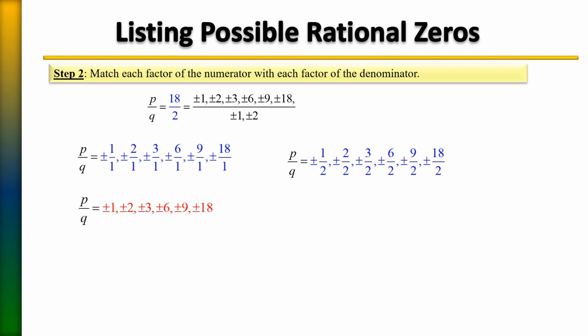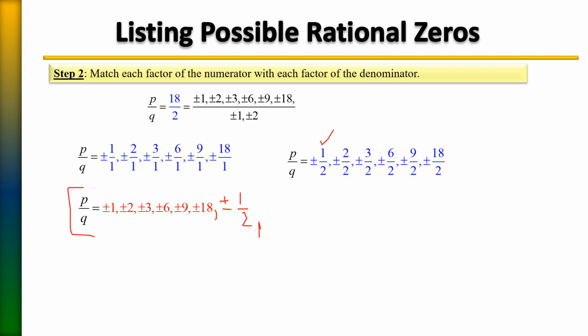We don't have 1/2. And by the way, this is our list of possible zeros, and we're going to add to that list. So 1/2 is not on the list, so let's go ahead and add that, plus or minus 1/2. And we always write it with plus or minus. All right, we got that.